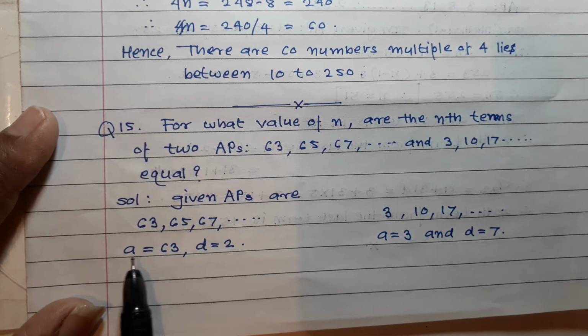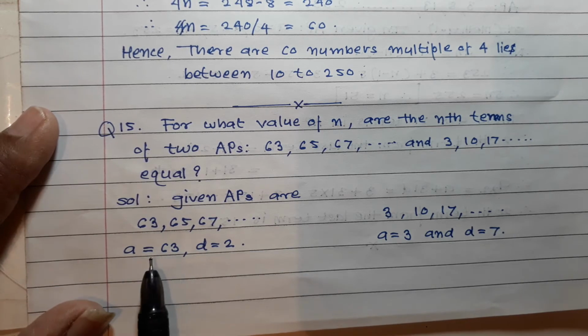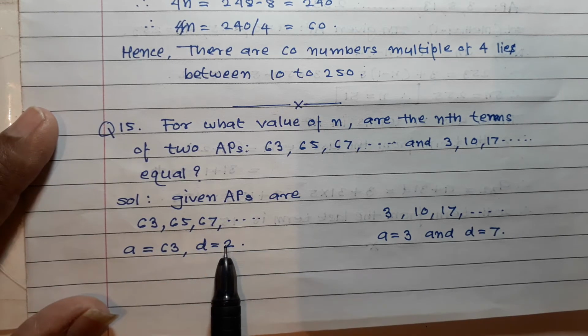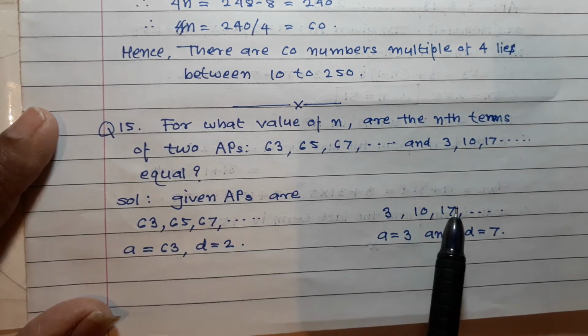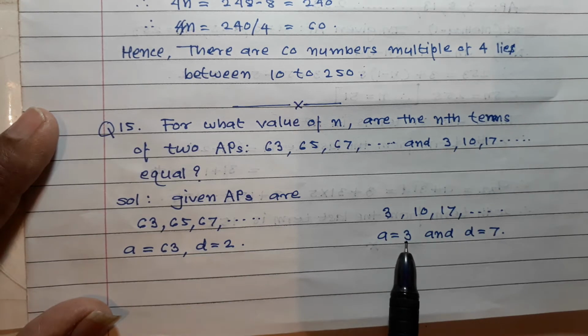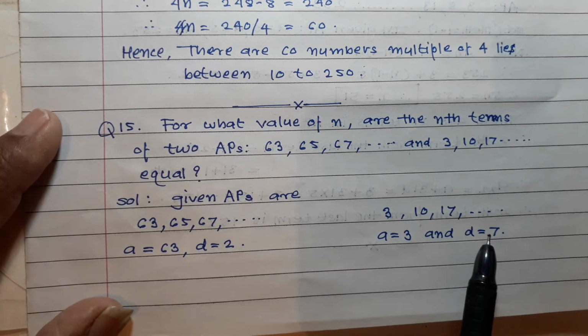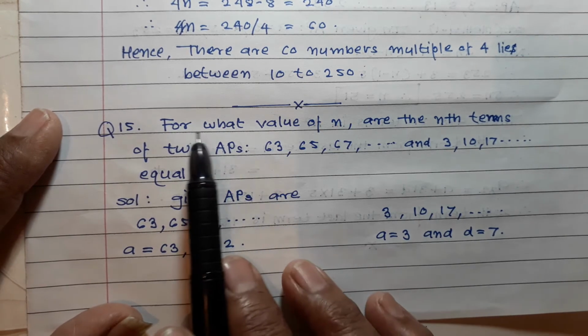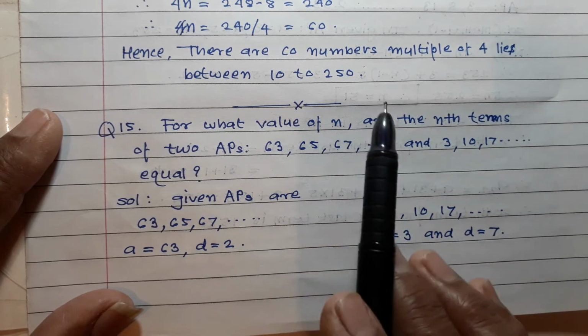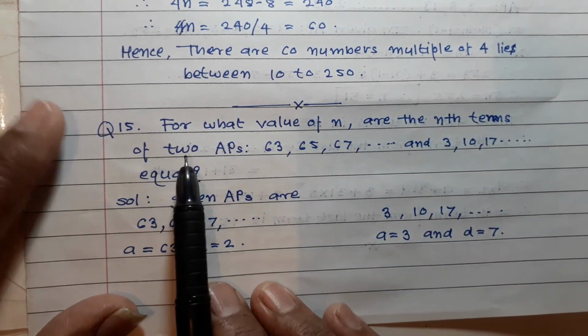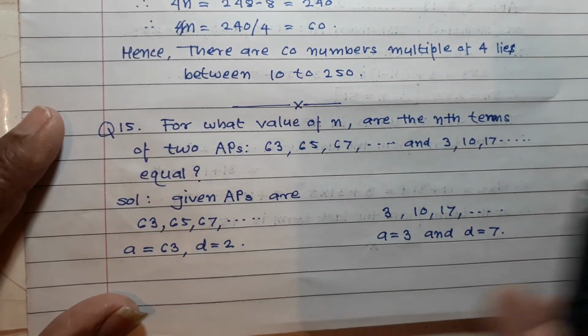So for the first AP, a = 63 and d = 2, and for the second AP, a = 3 and d = 7. So what is the question? For what value of n are the nth terms of the two APs equal?